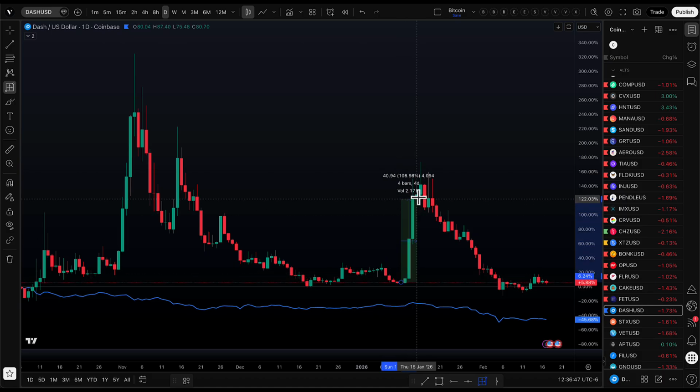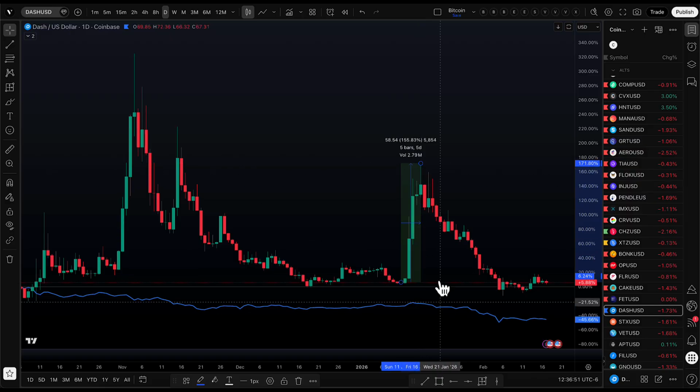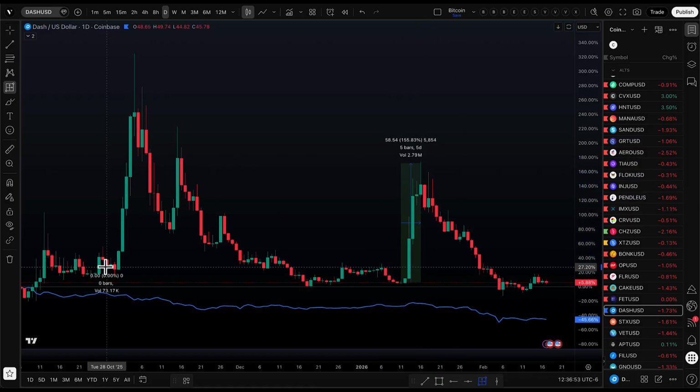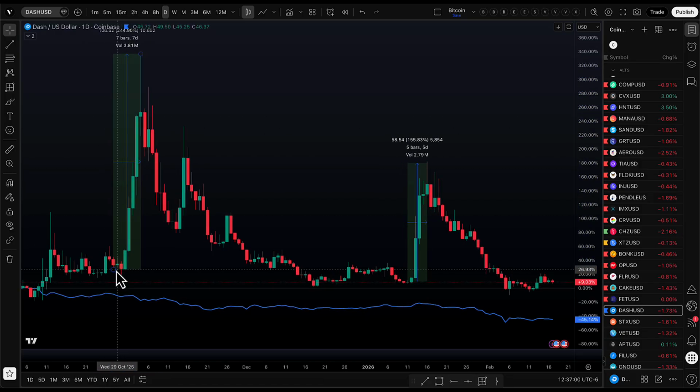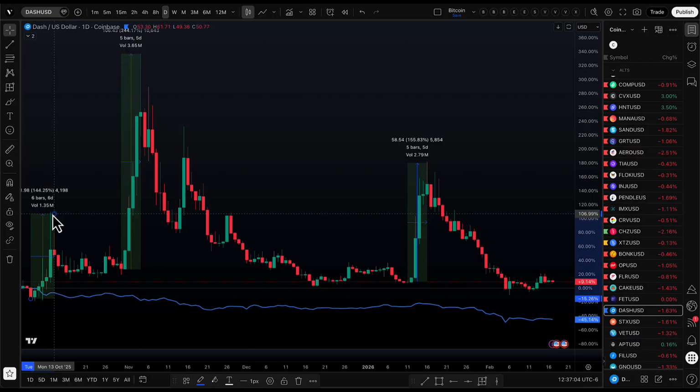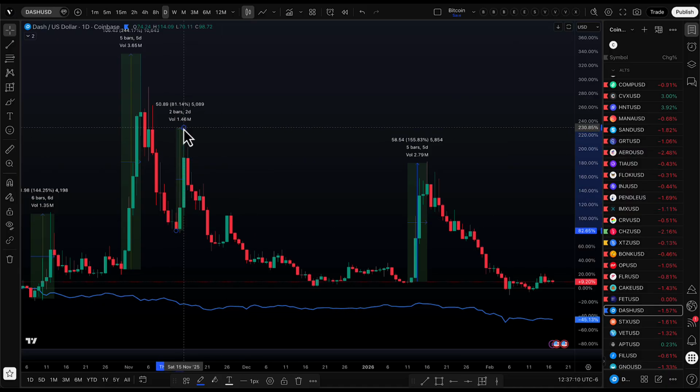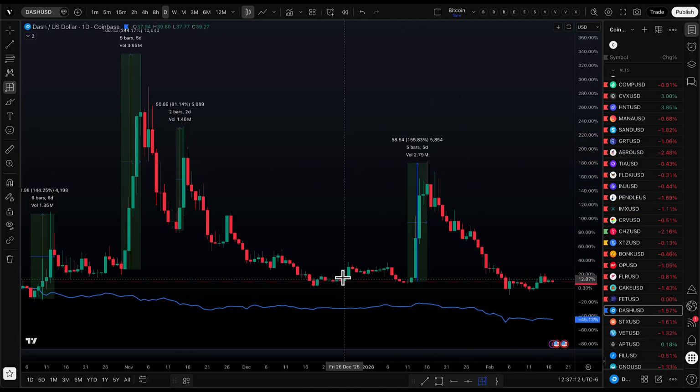Dash, the one with the ultimate gravity, doing 156% there, doing over 230% over the course of just a couple of days here, and then once again doing 144% there. Where else have we seen some strength? Doing 80% in 2 days there.